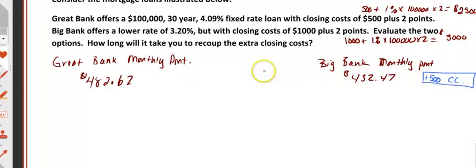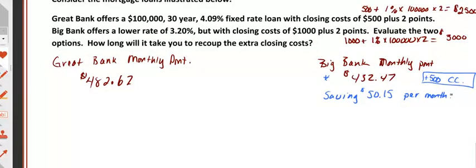So I'm going to look at the difference in these two. If I go with Big Bank, I will end up saving $50.15 per month on my monthly payments.